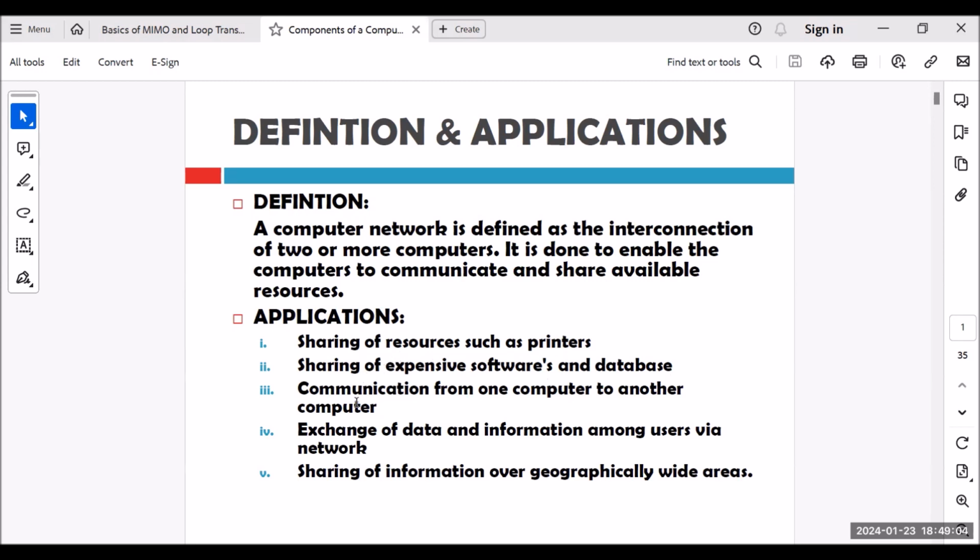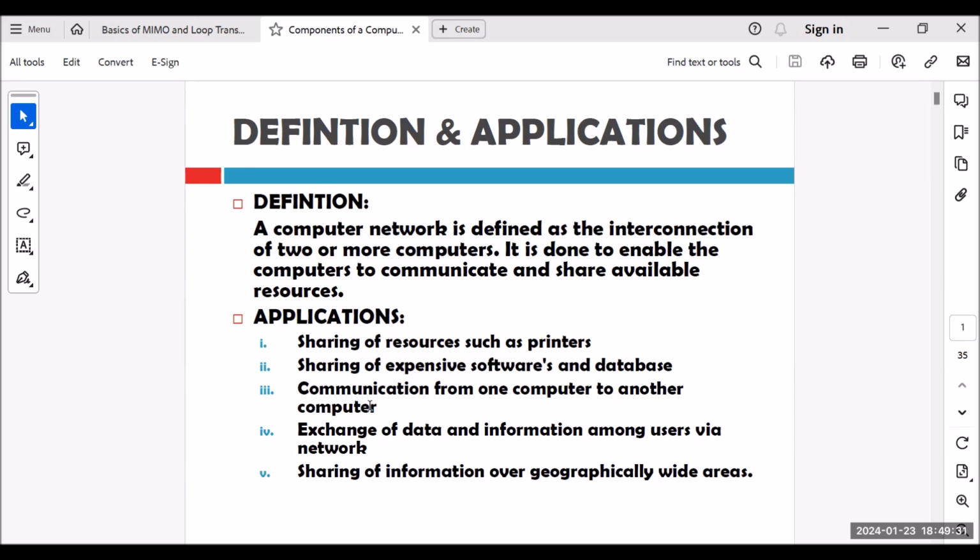Point number three, communication from one computer to another computer. Obviously, especially in office spaces, there are a number of computers that are connected, or you can say that we have some kind of query that is fed to a company that has a call center.